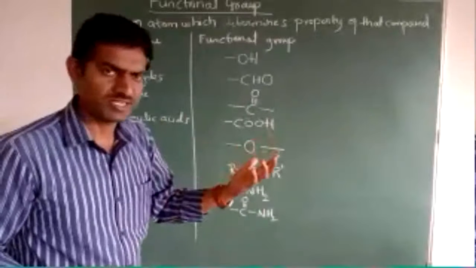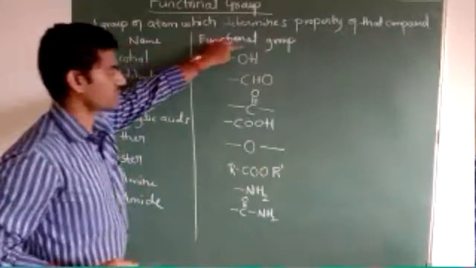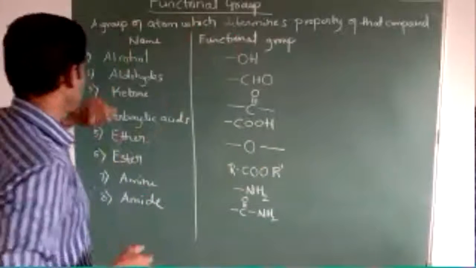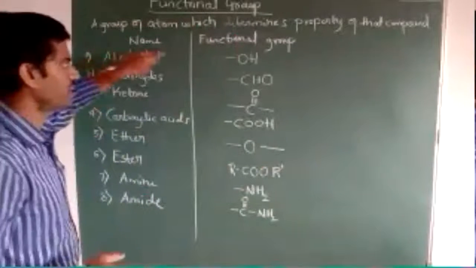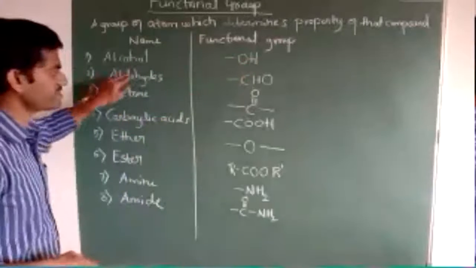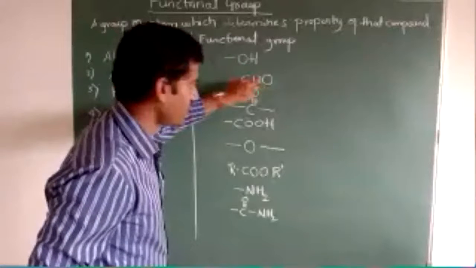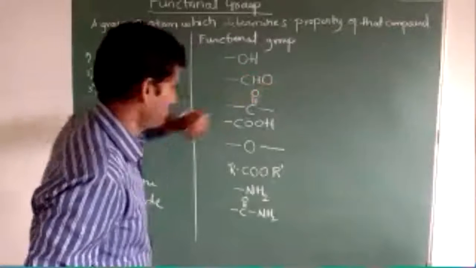Is that clear? Once again I'll explain. Name and functional group: alcohol is OH. For aldehydes, it is CHO, carbon, hydrogen, and oxygen.